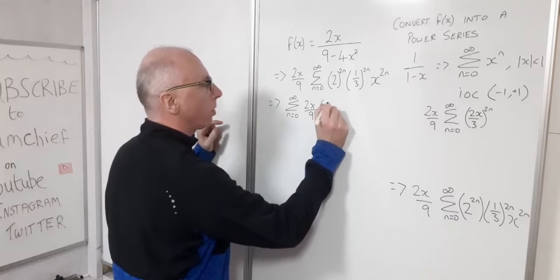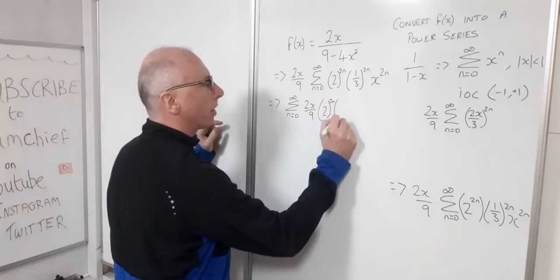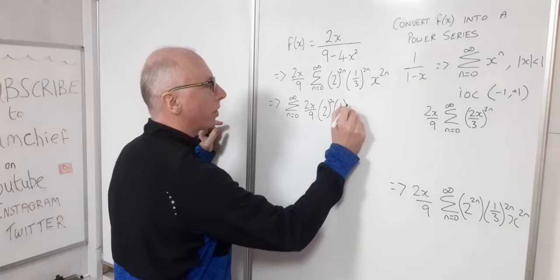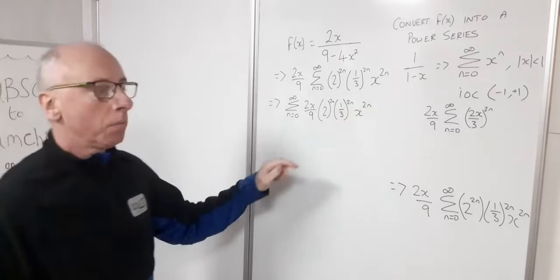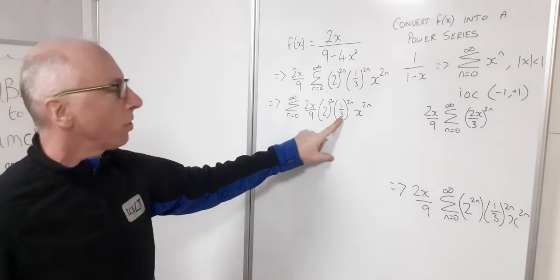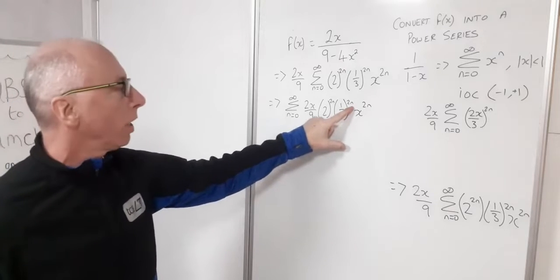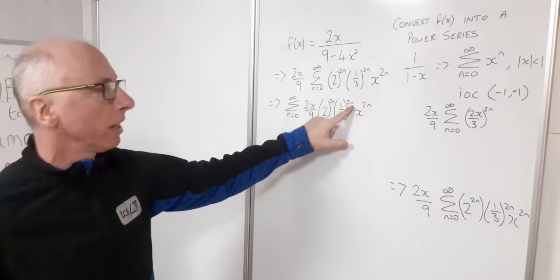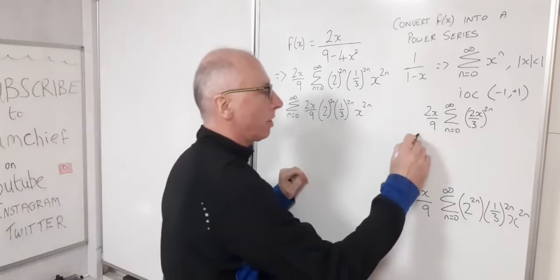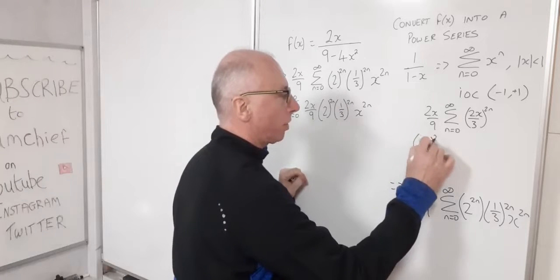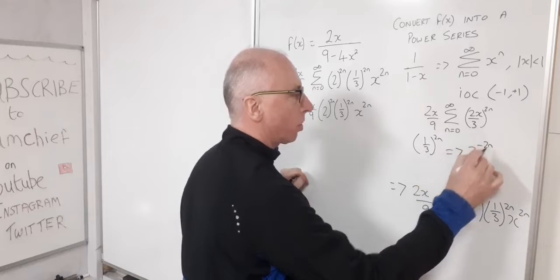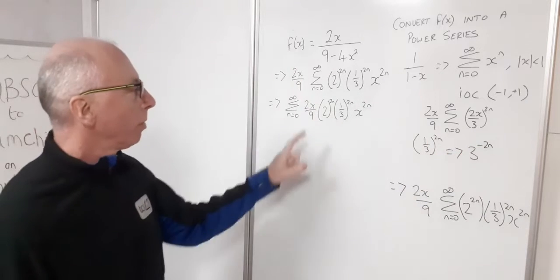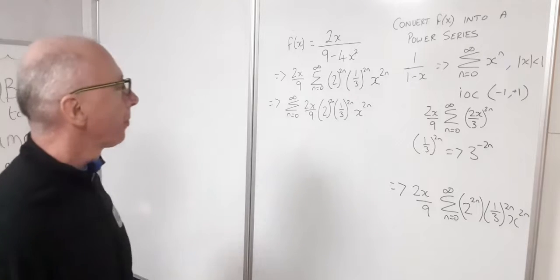Then we've got 2 to the 2n, 1/3 to the 2n, and x to the 2n. We could also write this as 3 to the minus 2n if we like. That would also be a valid way of doing it. So instead of writing 1/3 to the 2n, that is also the same as 3 to the minus 2n. That will be equivalent, but I'm going to leave it like this for now.